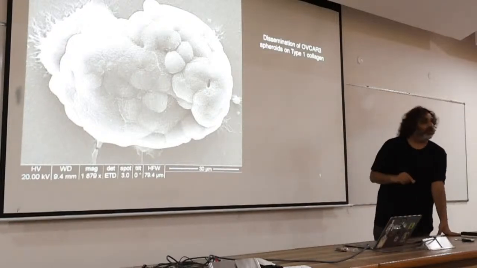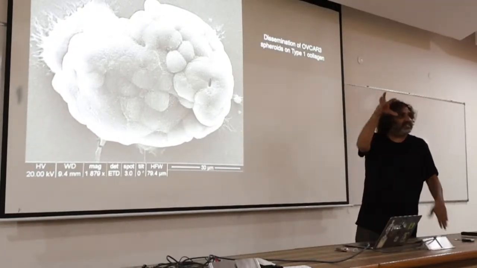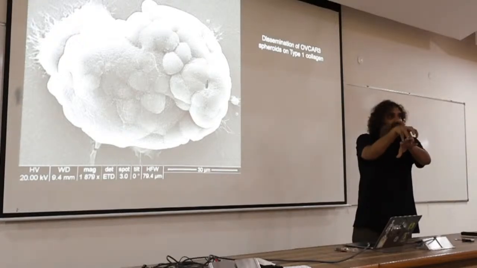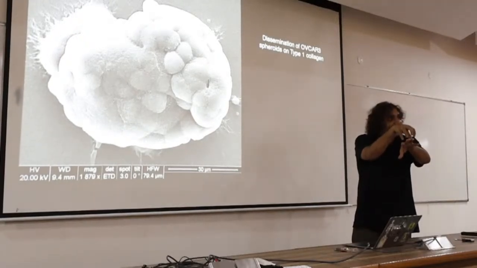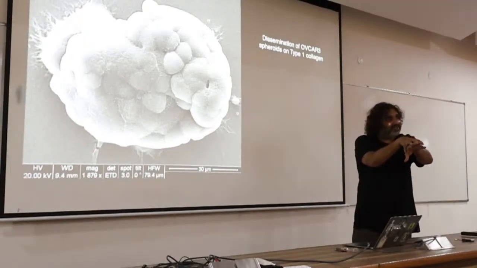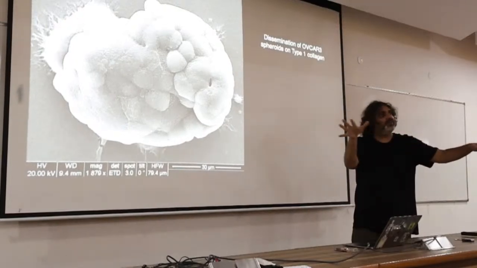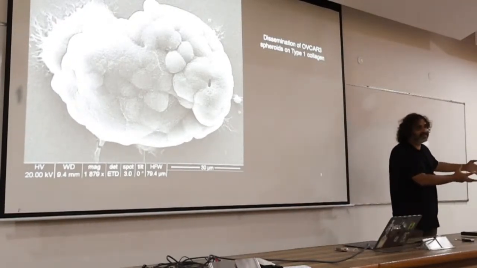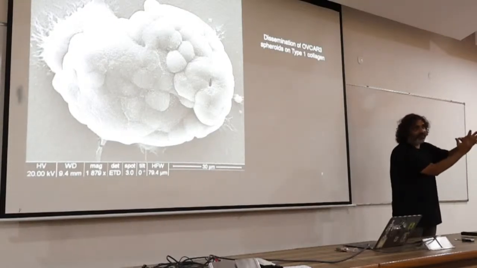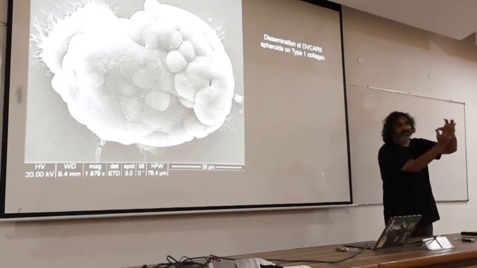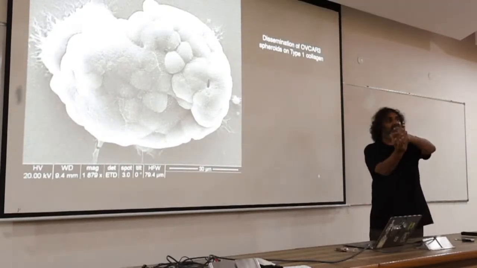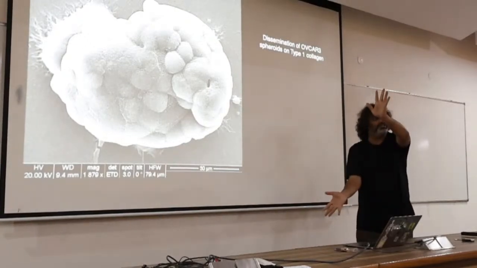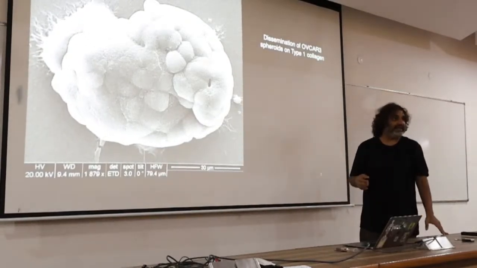Here is a spheroid that we imaged once the spheroid had settled down. After it had formed that hollow structure, it had settled down, and once it settles down, the spheroid starts disaggregating and then forming a sheet. So one can almost think of this entire process of metastasis as formation of spheroids within fluid compartments, traversal of these spheroids, and ultimately homing in, adhesion, disaggregation, a new site, a new land.